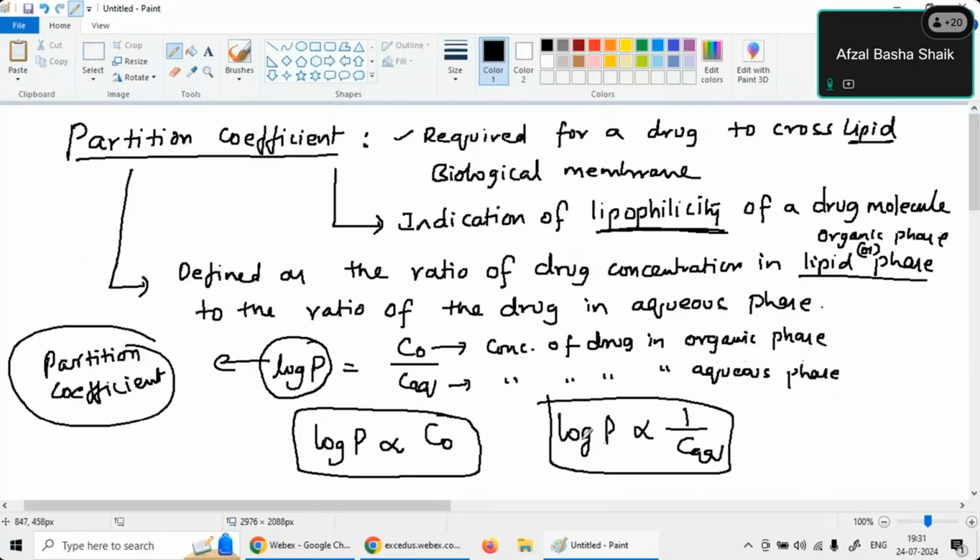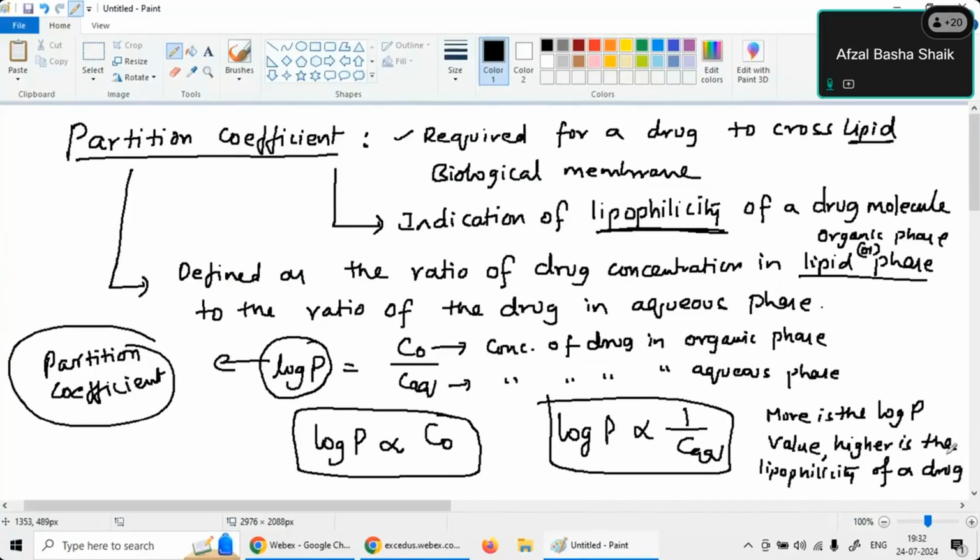So what we can say? The higher the log P value, the higher is the lipophilicity of a drug.